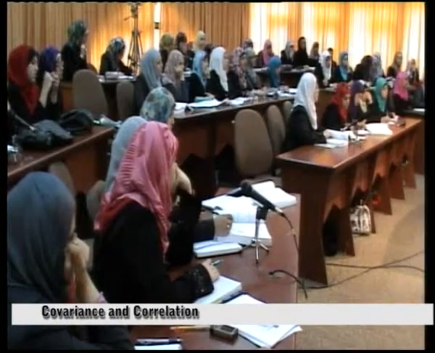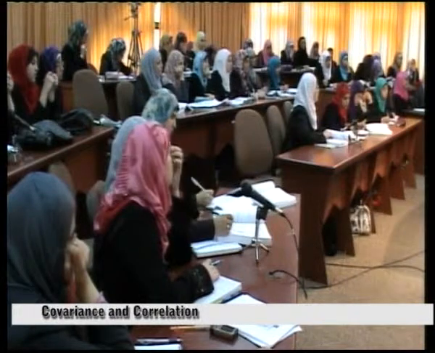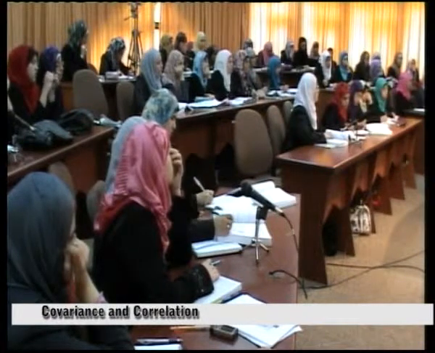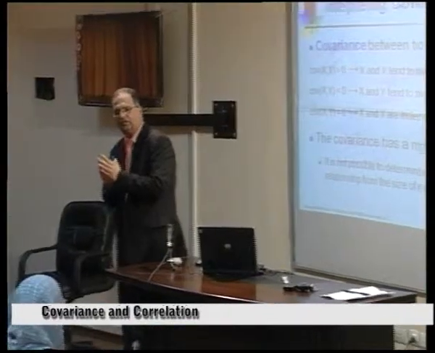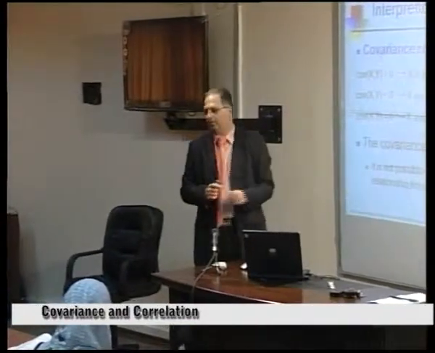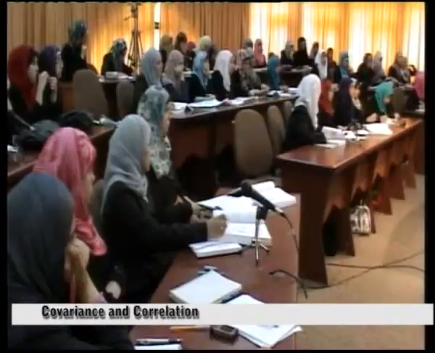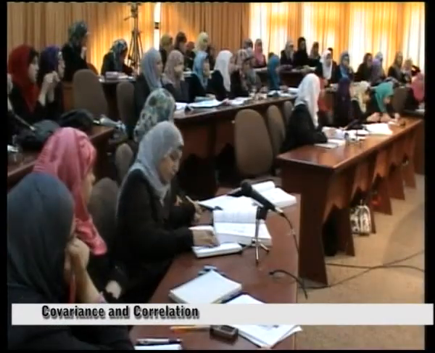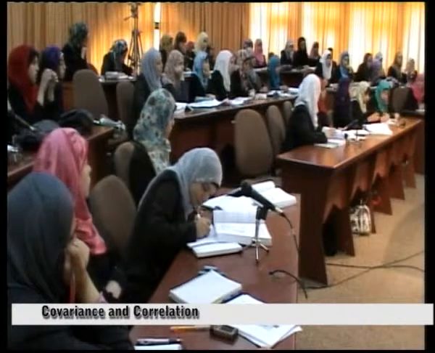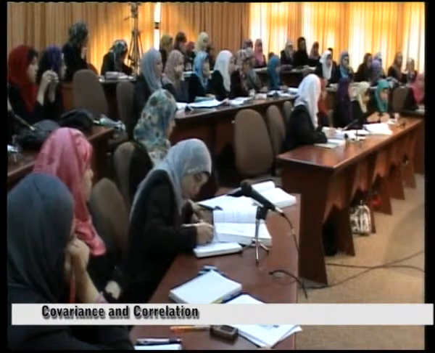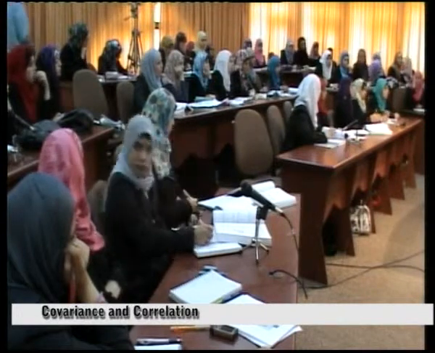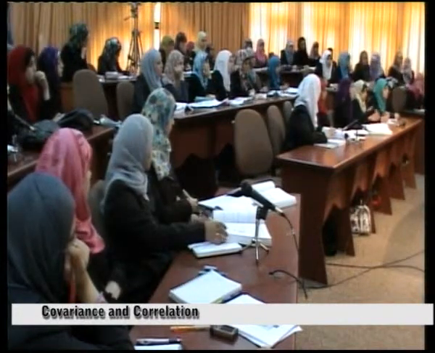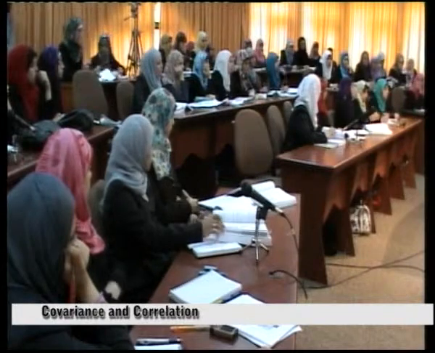So let me ask you, just to summarize what I said so far. Just give me the summary or conclusion of the covariance. The value of the covariance determines if the relationship between the variables is positive or negative, or there is no relationship. When the covariance is more than 0, the relationship is positive, and when one variable goes up, the other goes up, and vice versa.